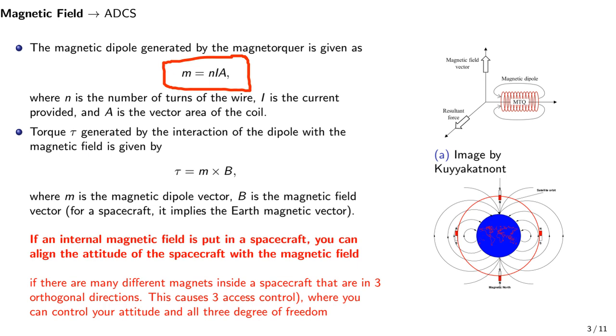Suppose that your spacecraft is going in this direction. I'll draw it. Suppose your spacecraft is going in this direction, and there's a magnetic force or field in this direction. That tells you there's going to be a resultant force, right?